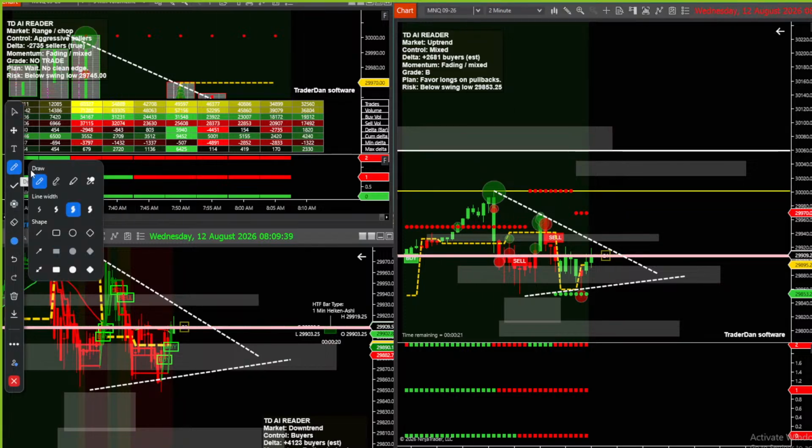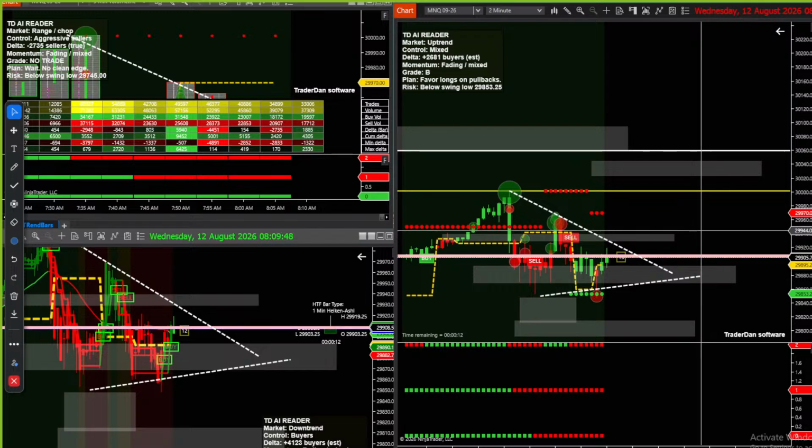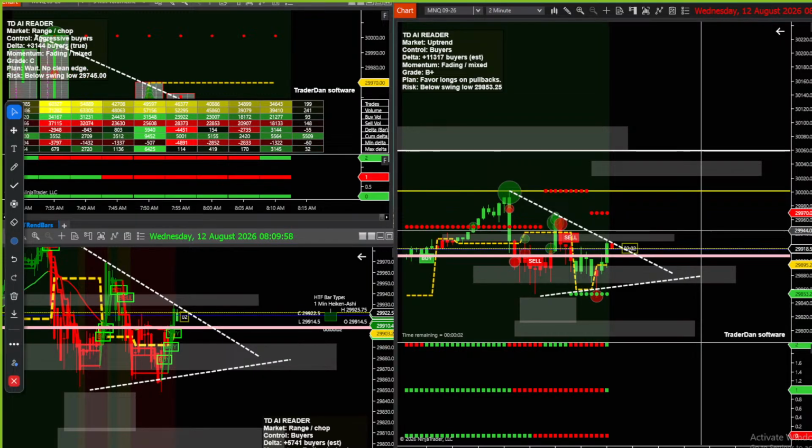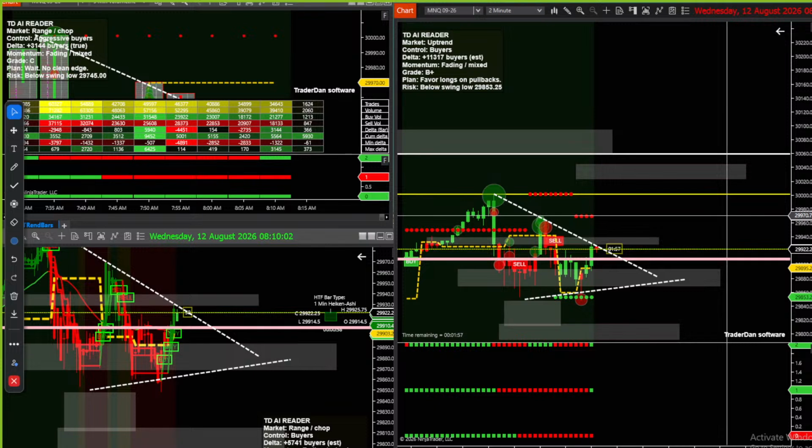I'm looking for them to at least get back up into this high. Yeah, that's a nice candle there, guys. Aggressive buyers coming back in again.